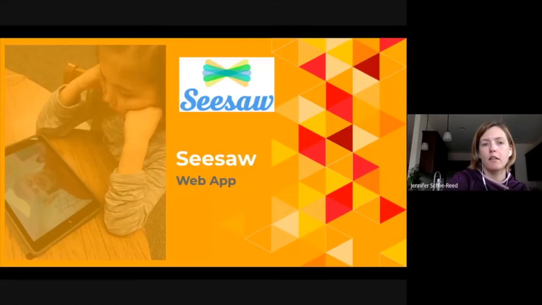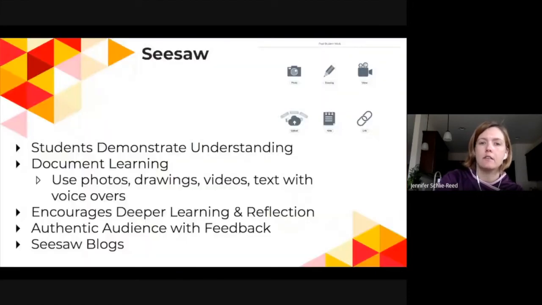We mentioned Seesaw last time, but Seesaw would really lend itself to any of these visible thinking strategies or engagement opportunities, because not only can students take photos and add drawings and videos, but they can label and add extra tools within each of those, and then they can have a voiceover. It encourages students to have deeper learning and reflection.